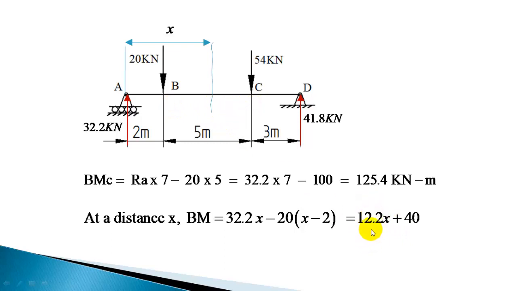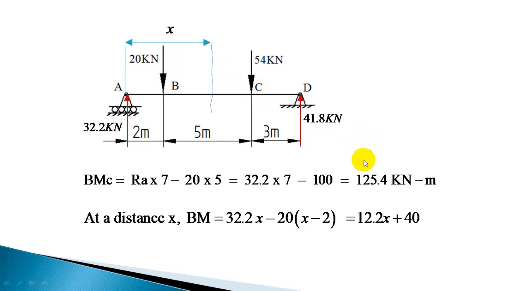It is a linear variation, a straight line equation. So bending moment is varying linearly, and you can show the variation of bending moment in this portion BC by a straight line. So here we have calculated the bending moment at B as 64.4.